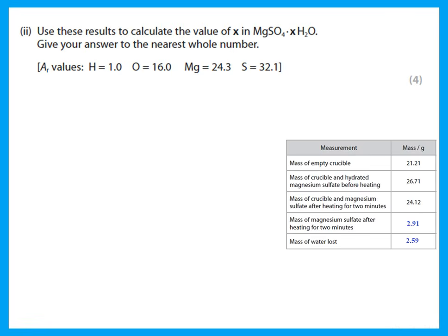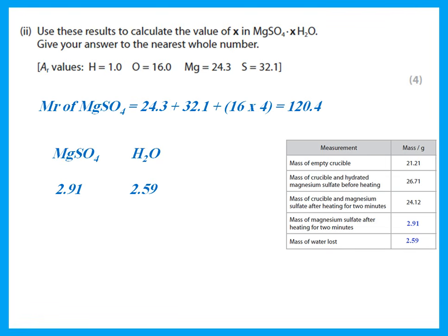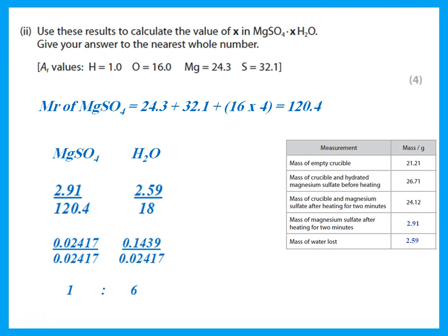Again, we said in order to get the value of X, we should do it as if we're doing empirical formula. The MR of magnesium sulfate is this. Now, we have magnesium sulfate, we said 2.91. The water is 2.59. We divide first by the MR of each one. The numbers that come out, I divide by the smallest. This comes out to be 1 to 6. So that means that my X is 6.